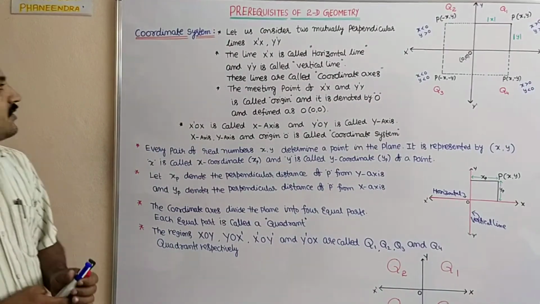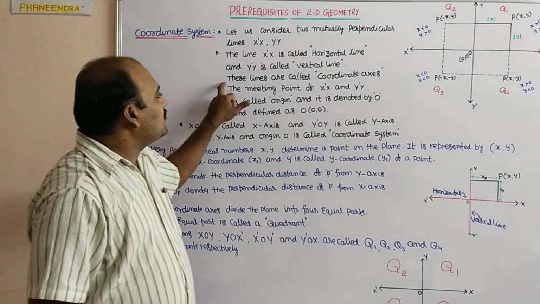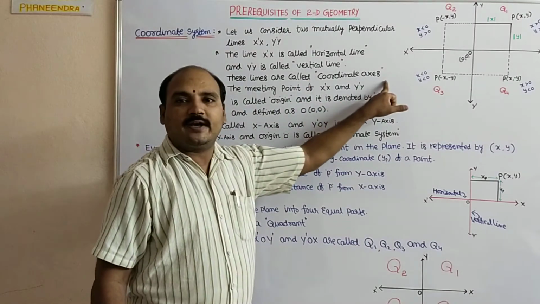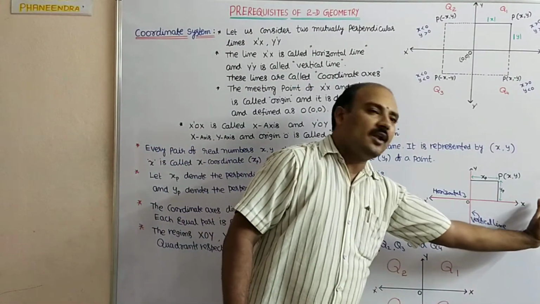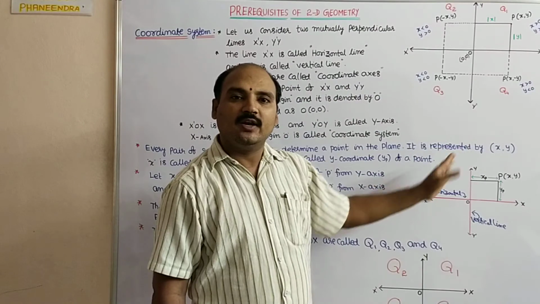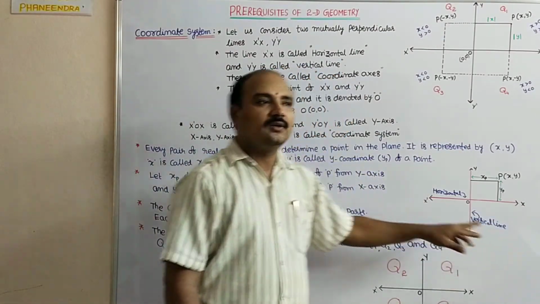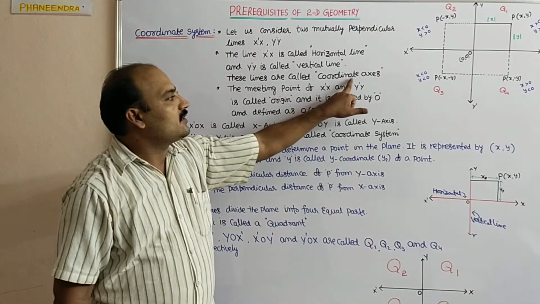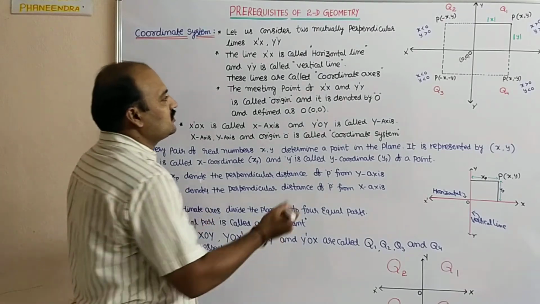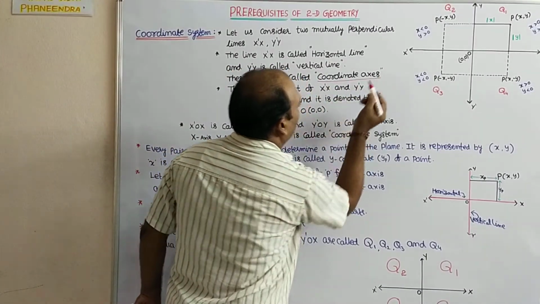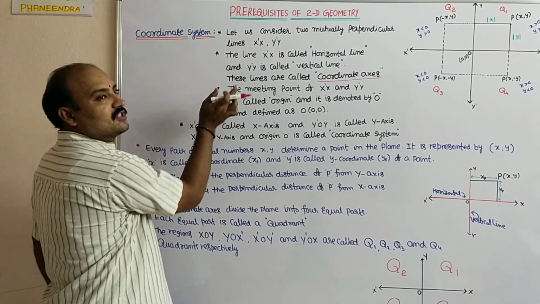The horizontal line as well as the vertical line are called coordinate axes. You have to remember, this is a very important one. Once again I will repeat.